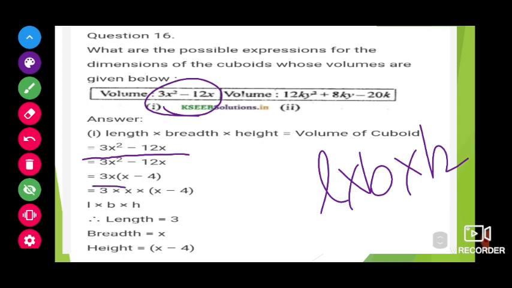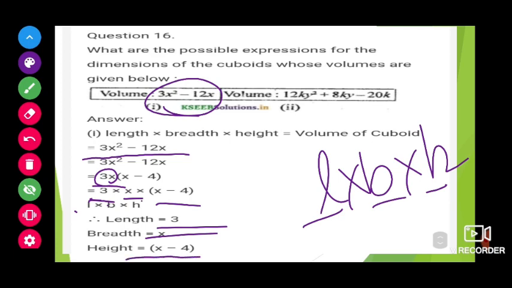We can take 3x common, so the remaining is x minus 4. We want 3 factors L, B, H, so I will split 3x as 3 into x, giving 3 into x into x minus 4. So length may be 3, breadth may be x, height may be x minus 4.